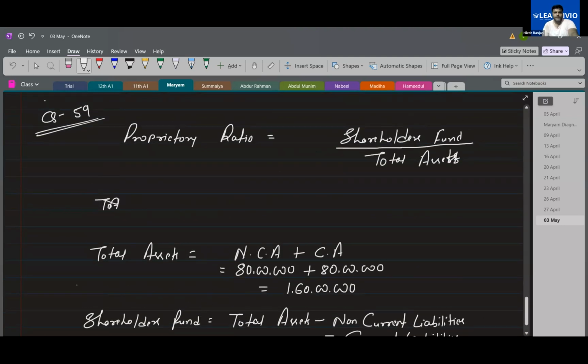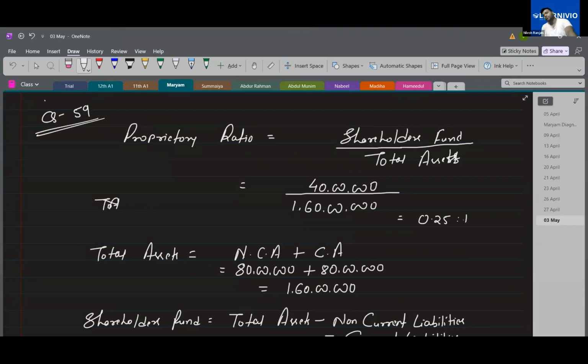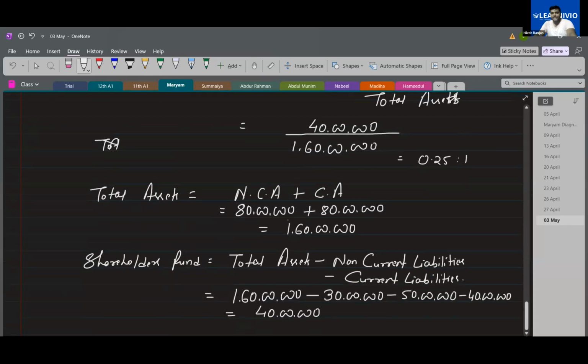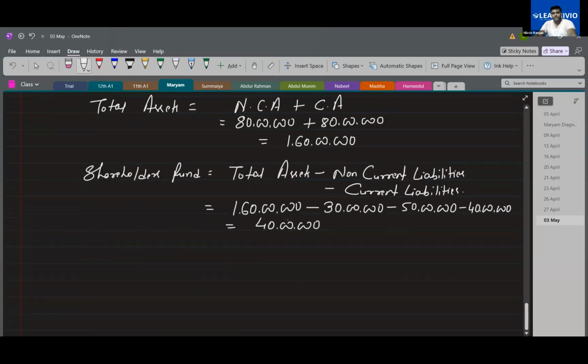Shareholders fund is 40 lakh and total asset is 1 crore 60 lakh, so the ratio is 0.25:1. Only 25% of total asset is financed from shareholders fund, so the balance 75% is from borrowing.